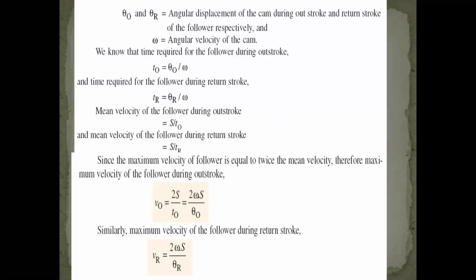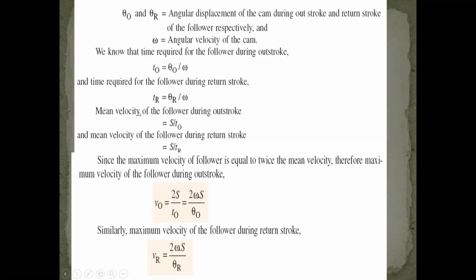The time required for the follower during outstroke, T naught, equals theta naught by omega. Why? Because omega equals theta naught by T naught, a basic fundamental formula. Similarly, T R equals theta R by omega.